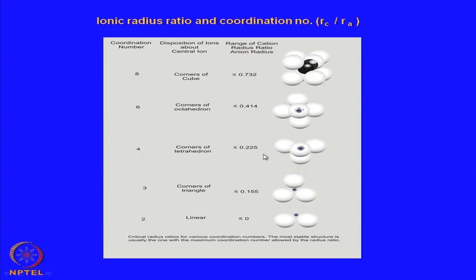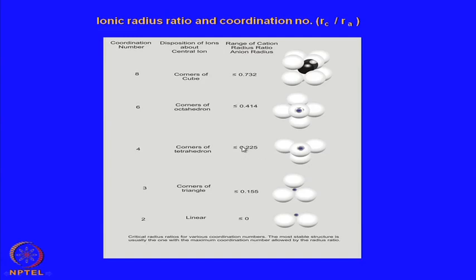If the fourfold coordination interstitial site has to be fully occupied, or the cation has to touch each of the 4 anions, then the size of that cation must be 0.225 or more, okay. Less than that, it will convert itself. This particular geometric configuration will be more stable than this configuration. So, this is a fourfold coordination in the form of a tetrahedron.